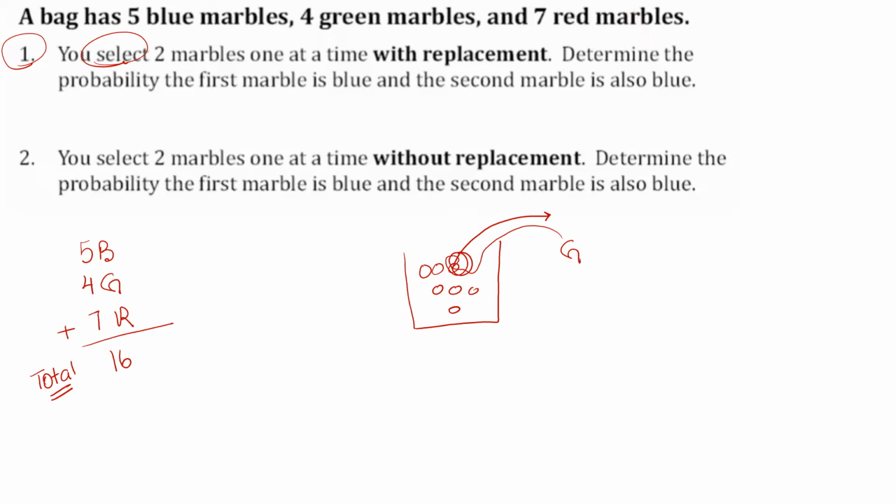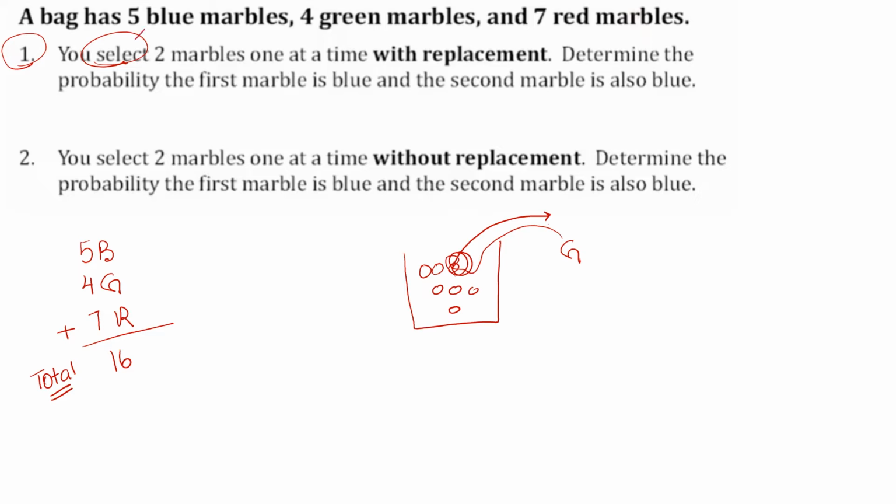Then you take out 1 marble, note down what color it is, and then put it back. This is called with replacement. If this is understood, let's go to the second part.